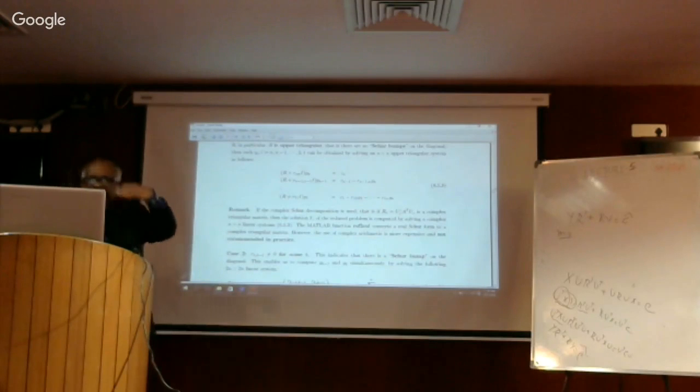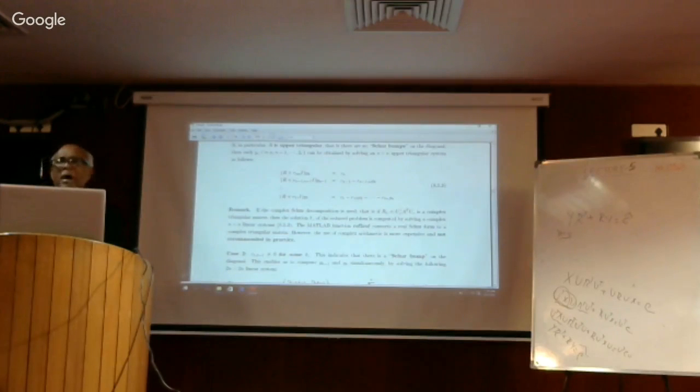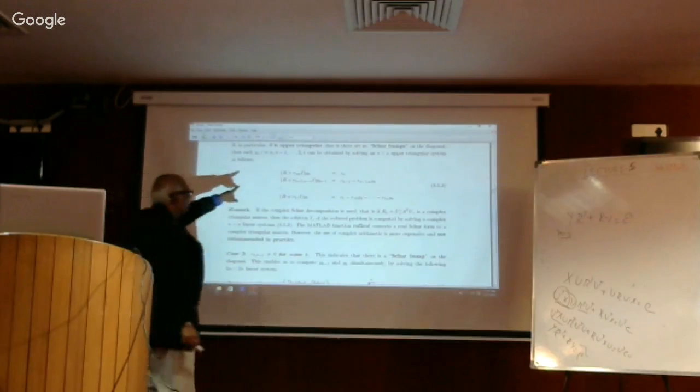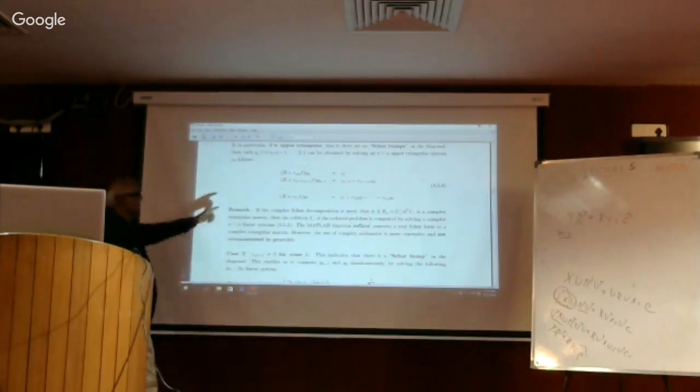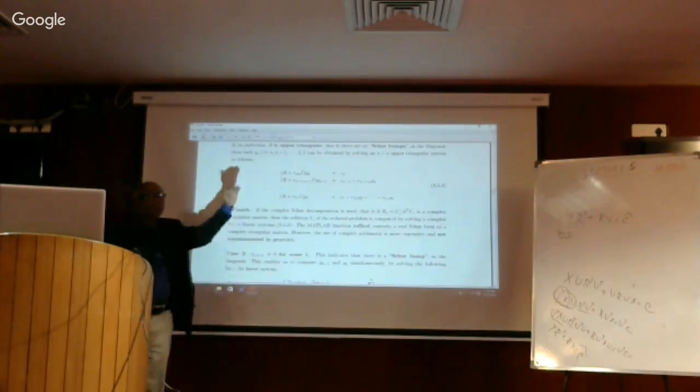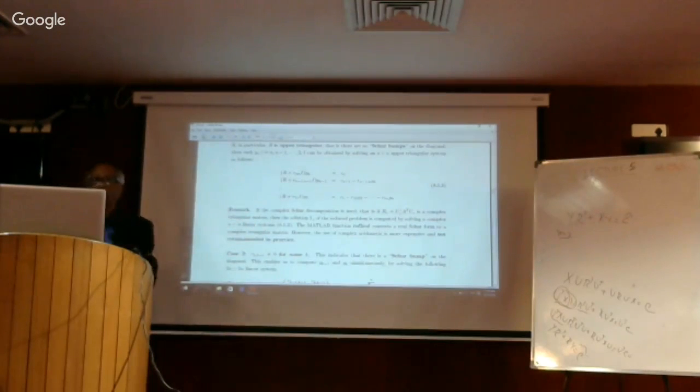Because it's a triangular system, you're solving by back substitution. So first you compute yn, and then once yn is computed, you compute yn minus 1, and so on and so forth, until the last equation where you compute y1. Each time you are solving a triangular system, because R is a triangular matrix.